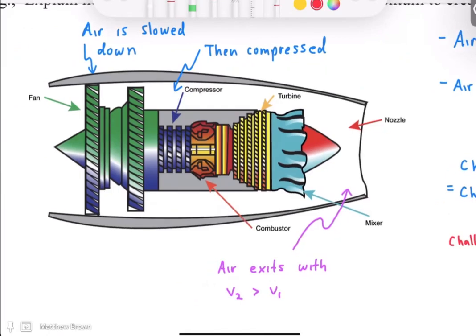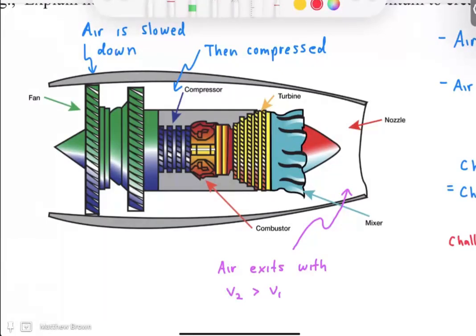So you can imagine a jet engine like this attached to a jet traveling through the air at, let's say, 300 and some meters per second, or almost 1,000 kilometers an hour, quite fast. That means you could look at it from the perspective of the jet: the air is coming in at that speed, and you're having to actually accelerate it and get it to go out the back end even faster.